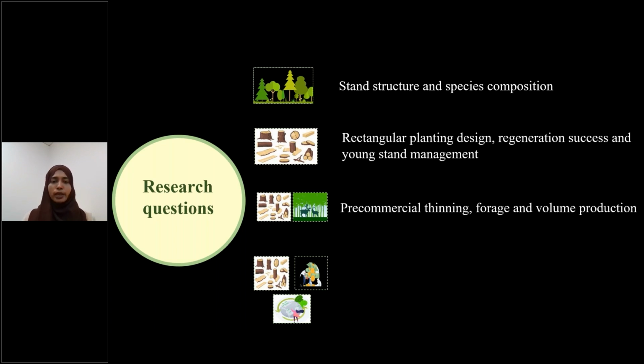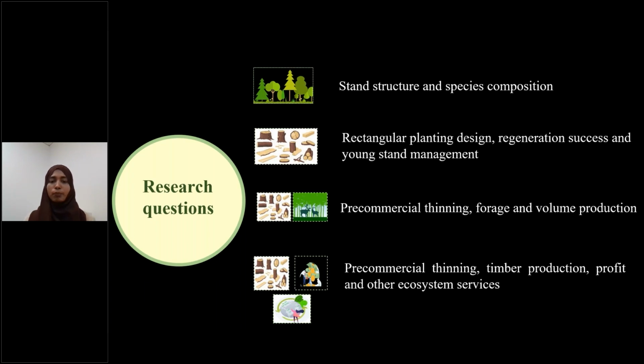Furthermore, I also worked on pre-commercial thinning to combine forage production for ungulates and also volume production of the main stems. And finally, I also looked at the pre-commercial thinning potential to combine timber production, profitability, and other ecosystem services.